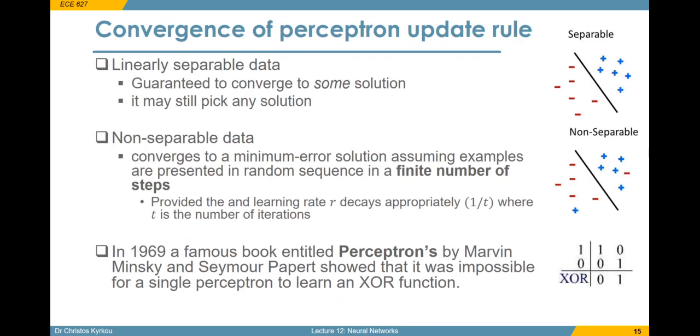So the perceptron can basically discriminate between samples that are linearly separable. So some data sets we can actually draw a line and separate them.